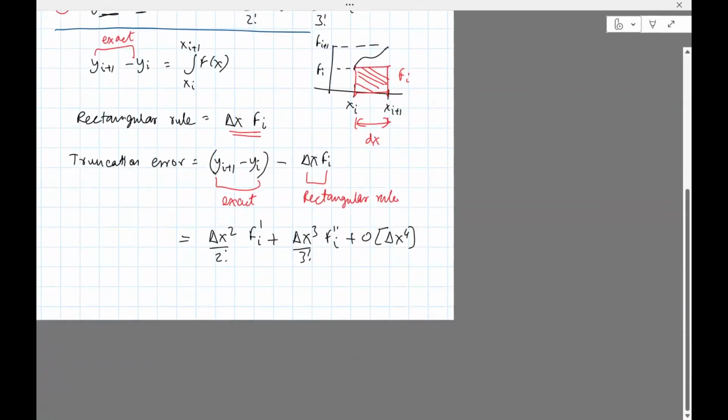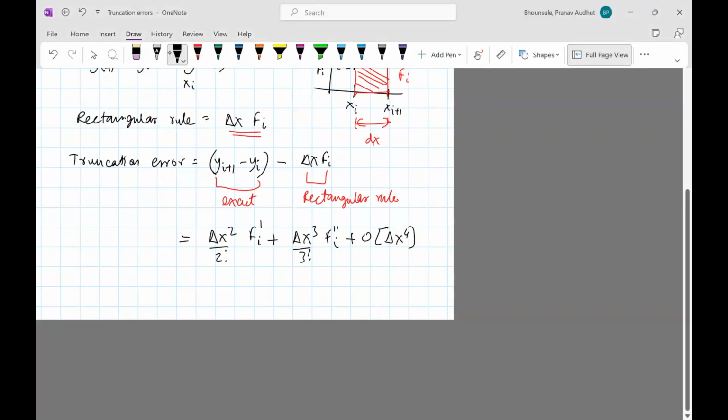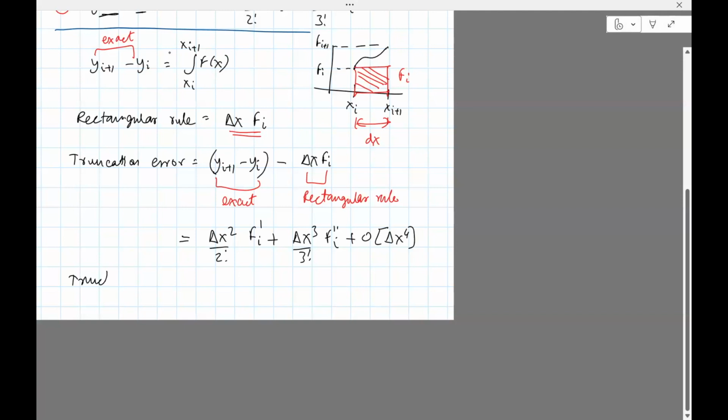When we're looking at truncation error, it's basically the highest order term, so you can see that the truncation error is of the order of delta x square.